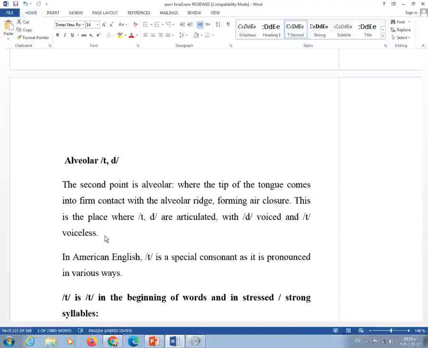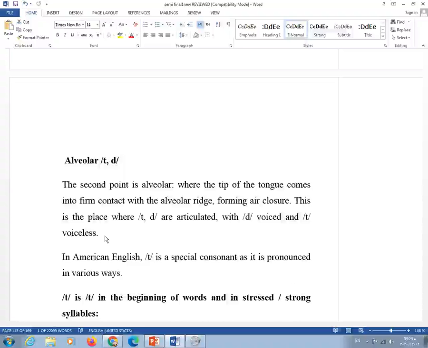Remember that if we change the position or the place of articulation of a particular sound, even 1 millimeter, only 1 millimeter, لو تحركنا بس 1 millimeter سواء بقى forward or backward, this makes a change in the quality of the sound.